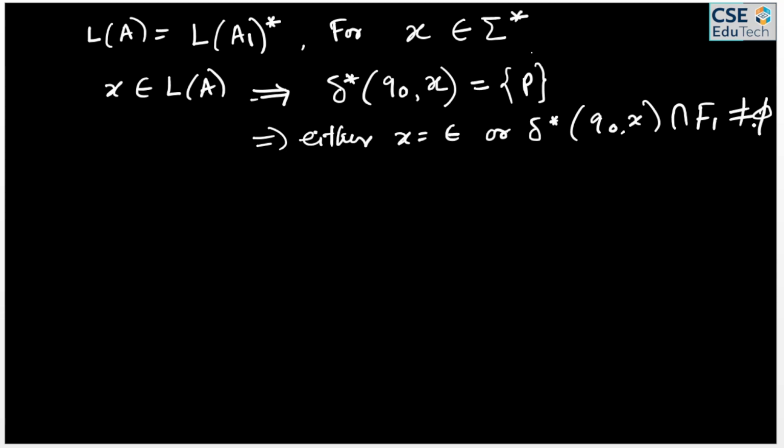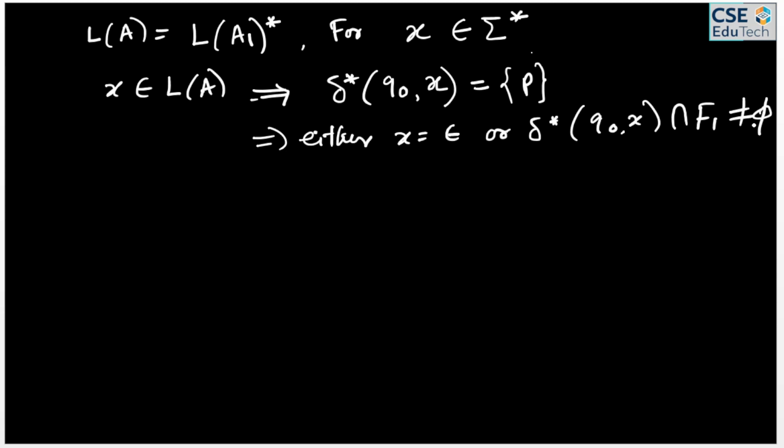So either x equals epsilon, or from initial state q naught after processing x, the states we obtain, when intersected with the final states F1 of automaton A1, should not be empty.